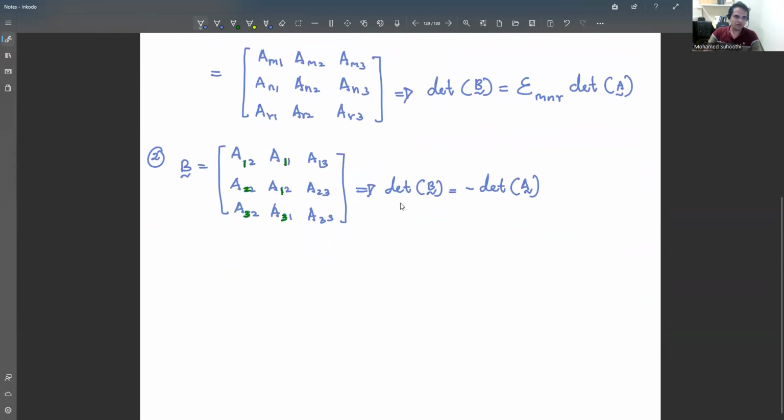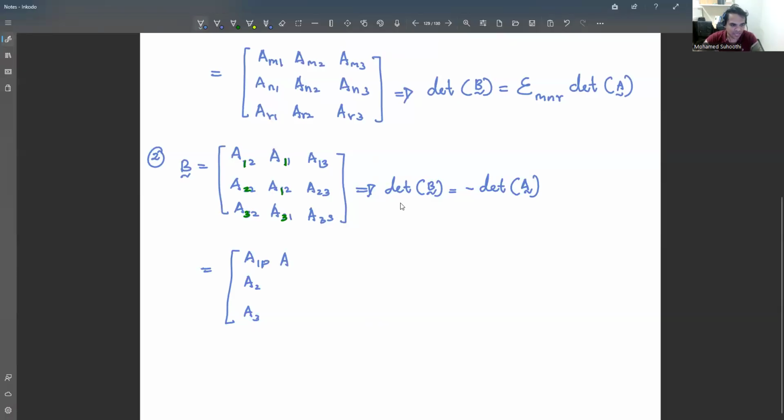Okay. Now I'm going to connect this one with the Kronecker, the permutation symbol, right? So now what I'm going to do, the first symbol I'm going to keep it same, A1, A2, A3. The second symbol I'm going to change. Okay. So this will be, now I'll keep 1P.